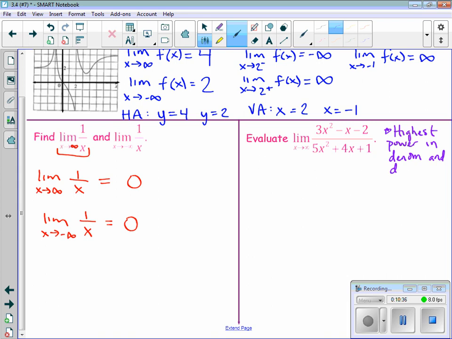So what you're going to do is take the highest power in the denominator and divide. Okay, so what's the highest power in the denominator? The x squared part, right? So you're going to divide everything by x squared. You have to divide every piece by that.